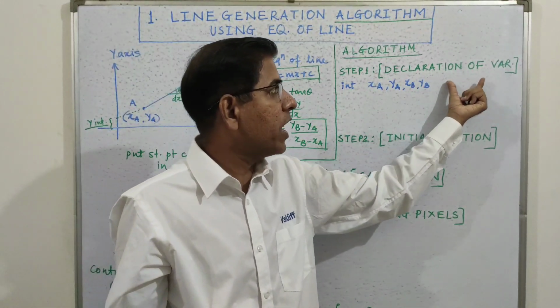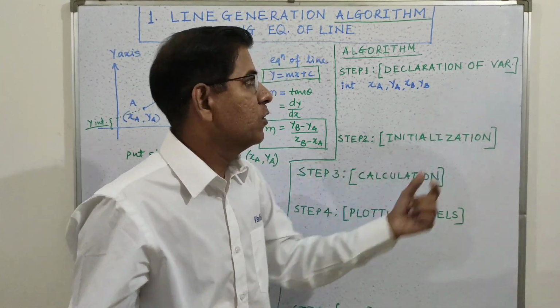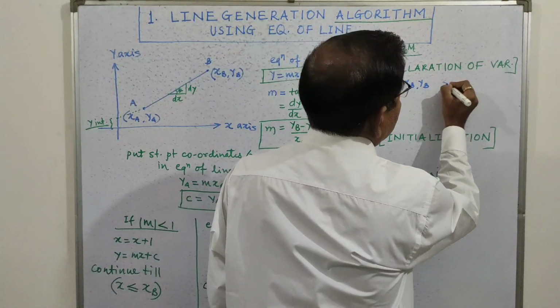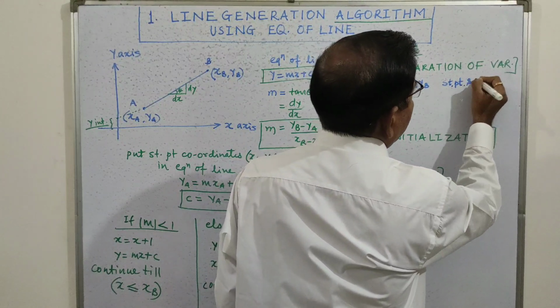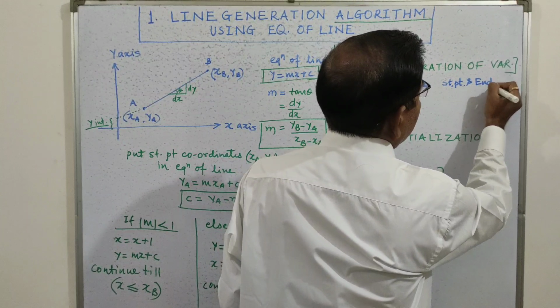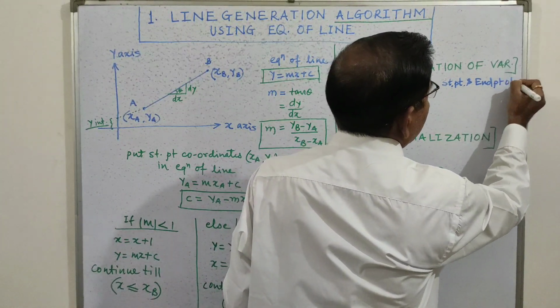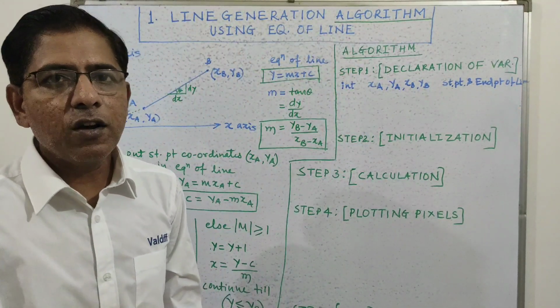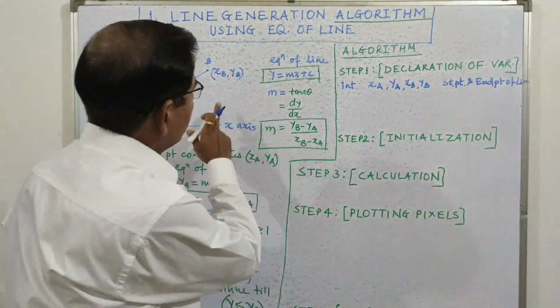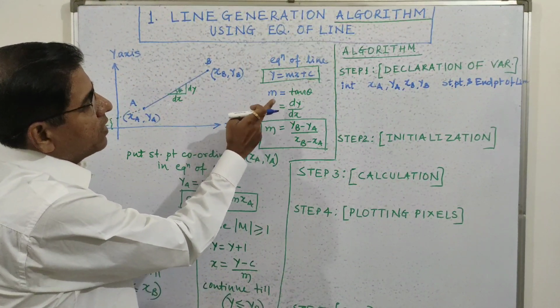So we have to write the description here. So these are the start point and end point of line. Then what we require?